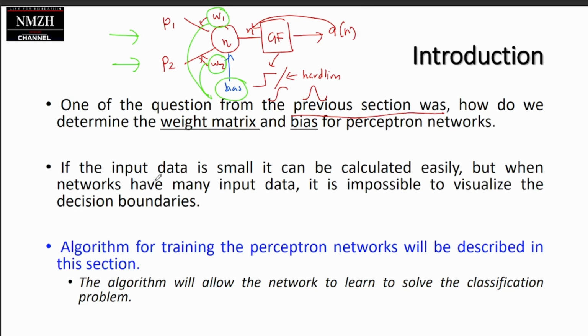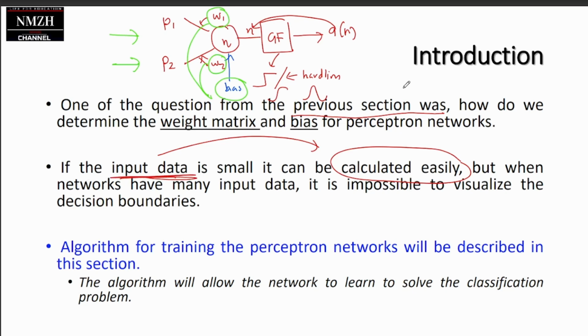If the input data is a small amount, it can be calculated easily. In the assessment or in the learning and teaching environment, we would consider this data input to be small, so that we can calculate by hand.